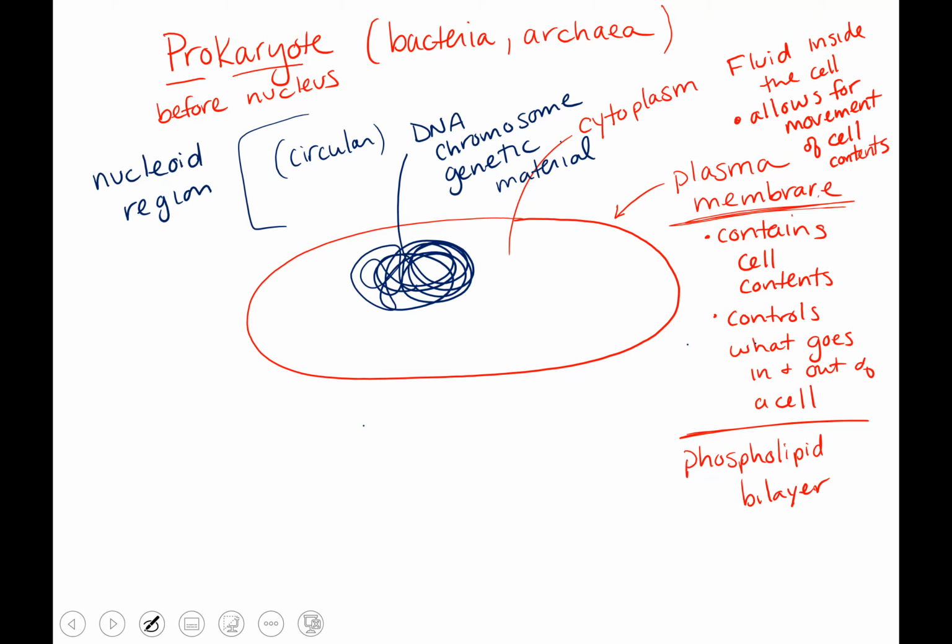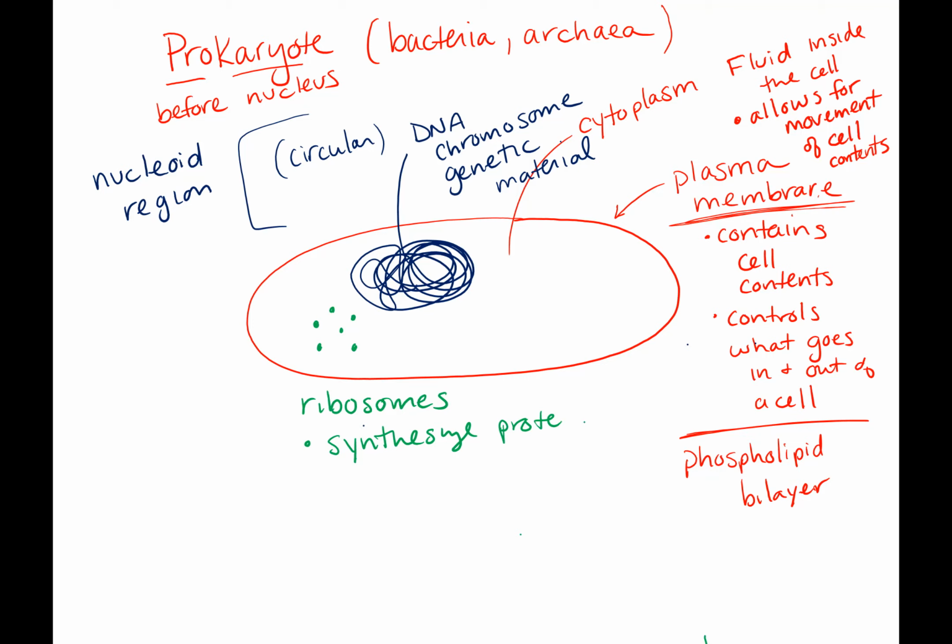All right, the next thing I'm going to draw are just some little green dots. And these are going to represent the ribosomes. The ribosomes' function is to synthesize proteins or make proteins. And the description is that a ribosome is made of protein and RNA.